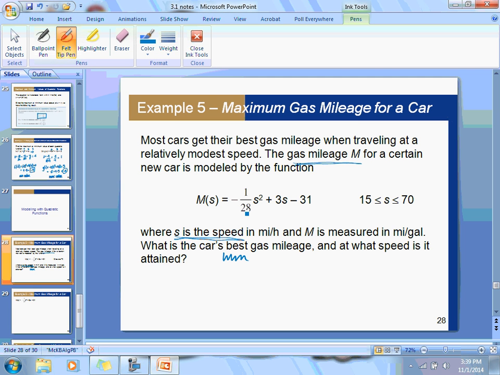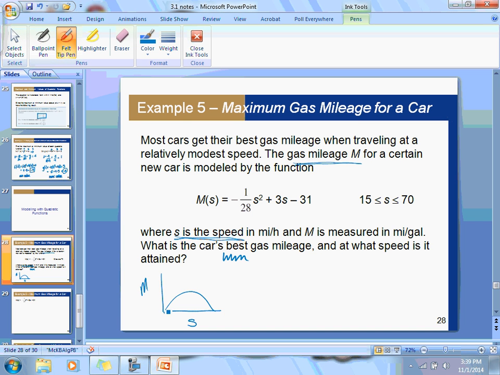Okay, so if we just wanted to think of that conceptually, like graphically, S is what we're putting into the function, so that's going to be your speed across here. M is the gas mileage that we're getting out, so that's going to be your y value. We know it's some kind of parabola. That's probably not exactly how it looks if we graphed it, but let's just think of a parabola for a moment. So as we start to go faster, our gas mileage gets better.